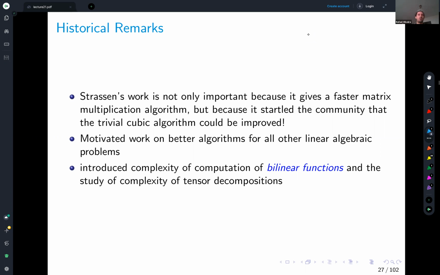In today's machine learning, in many other applications, and even in quantum information theory, tensor decompositions are very important, and they show up quite naturally in many other problems that we're interested in. The study of these tensor decompositions goes back to Strassen and the attempt to find better matrix multiplication algorithms. So this is quite an important result to know.